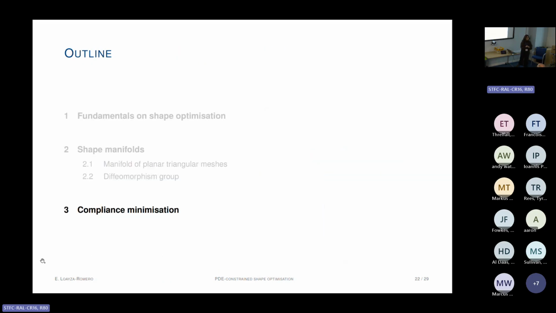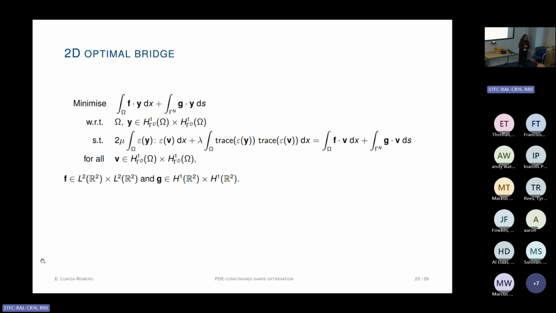So finally, to end, yes, I think I'm okay. The compliance minimization problem. Compliance minimization basically means that the equation here is the linear elasticity, and I want to minimize the right-hand side of the linear elasticity.